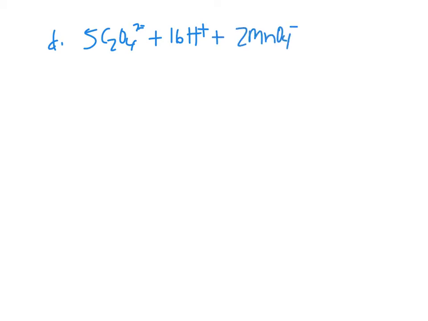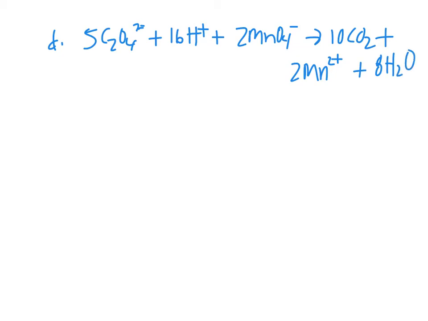My combined equation for D is going to leave me with 5C2O4 with a -2 charge, 16H+, 2MnO4-, and then on the other side 10CO2, 2Mn2+ ions, and 8H2O.